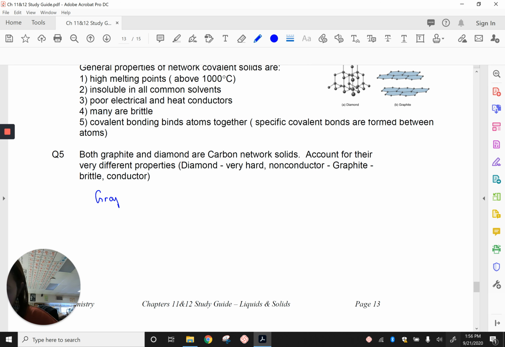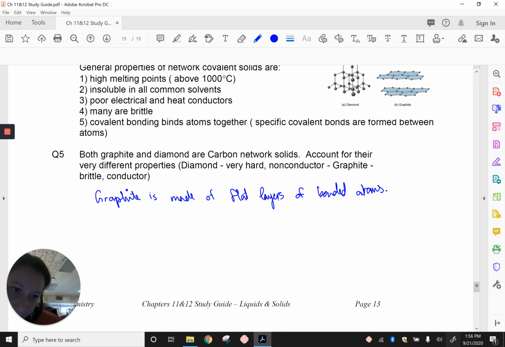So graphite is made of flat layers of bonded atoms. It is soft and brittle.